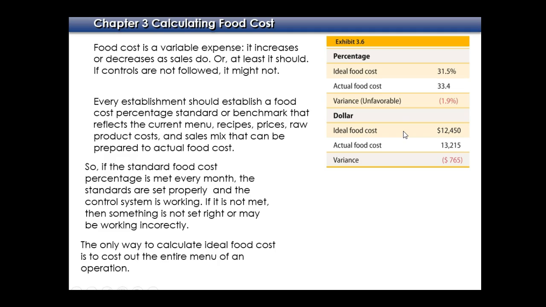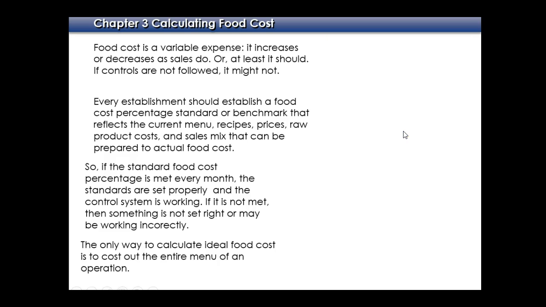Now, if you look at it from a dollar variance, I think that's where most people feel like there's more of a difference. When you hear 1.9, that sounds small. But when you hear $765, that shows a little bit more importance.